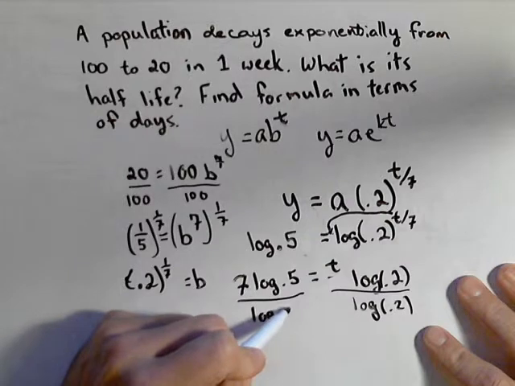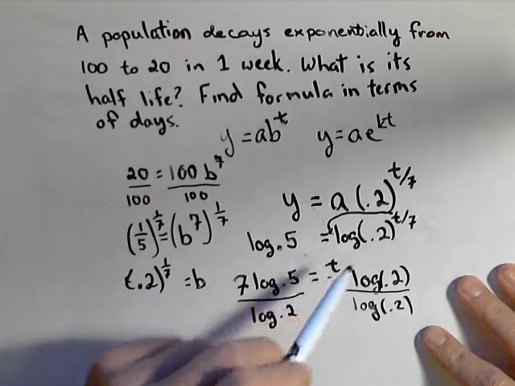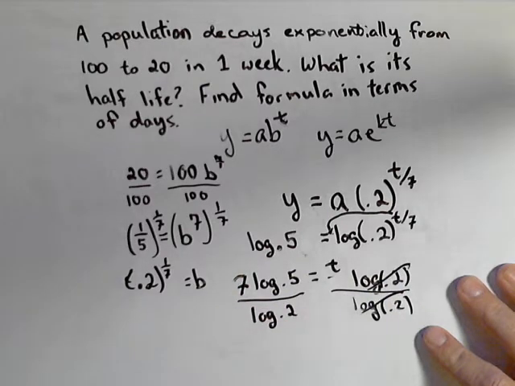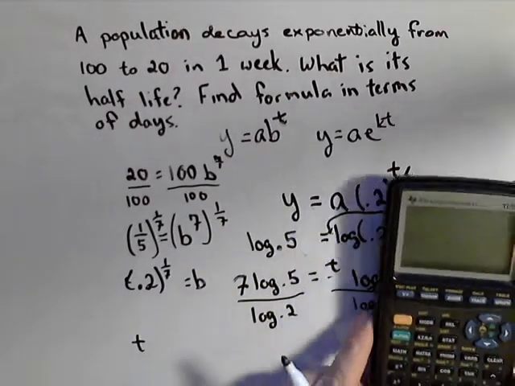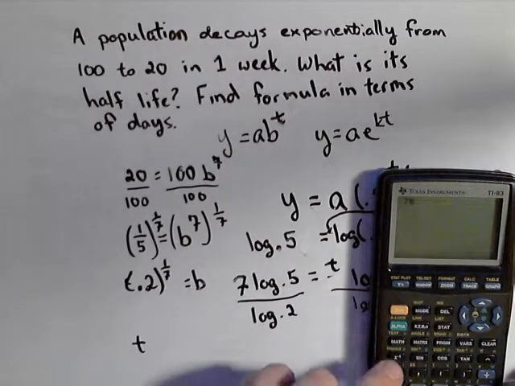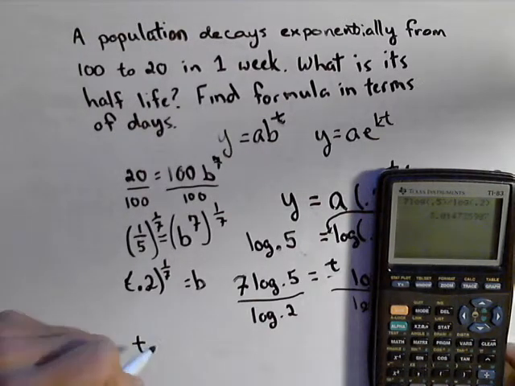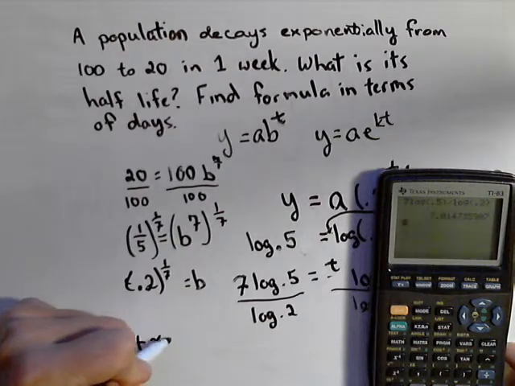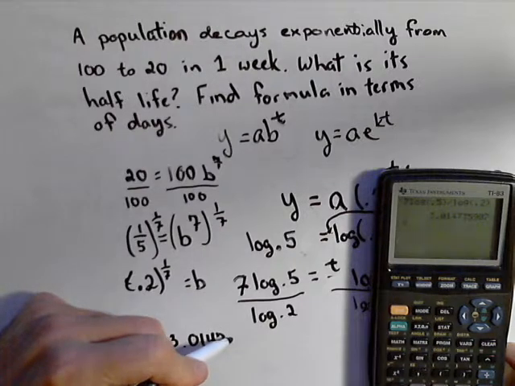Now, this isn't very pretty right now, but this is something I can calculate in a calculator. So let's go ahead and do that. We have 7 times log of 0.5 divided by log of 0.2, and we've got a half-life of about 3.0147 days.